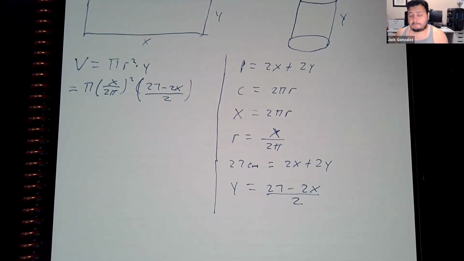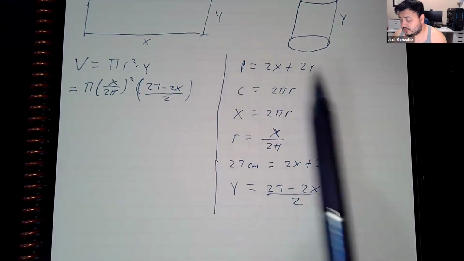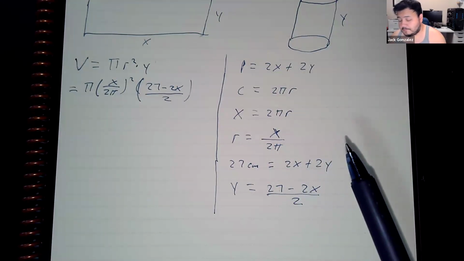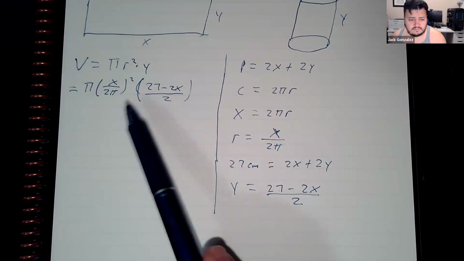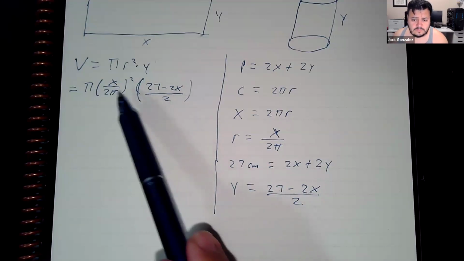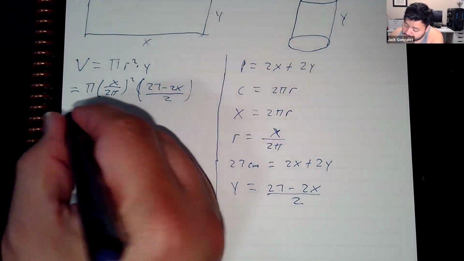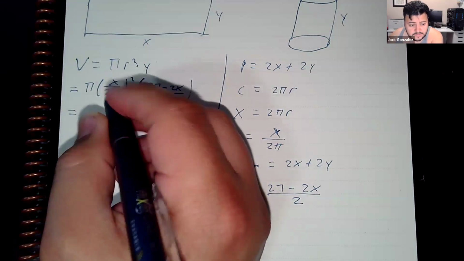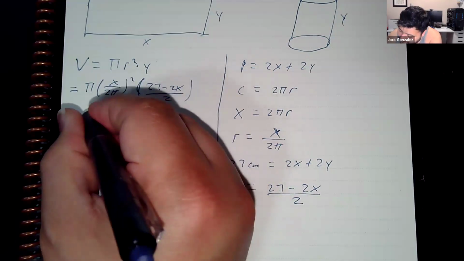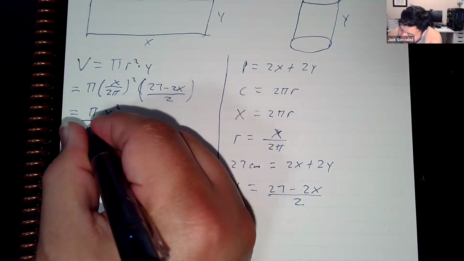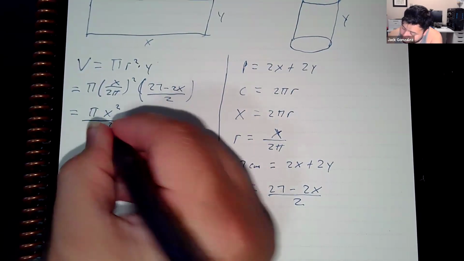So I purposely use all the formulas that I could to simplify the question. Okay, so now we just have a basic formula in one variable. One of these pi's will cancel in a second. This would be pi times x squared over 4 pi squared.